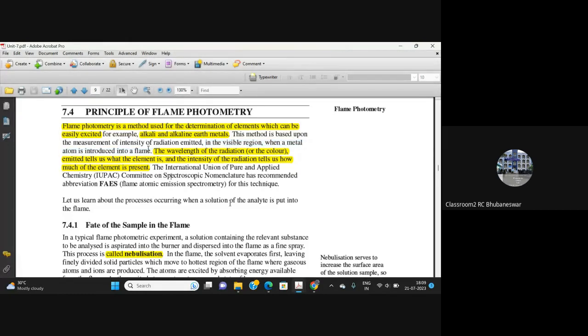So the wavelength of the radiation, or the color emitted, tells us what the element is, and the intensity of the radiation tells us how much of the element is present. From the radiation you can predict which element it is, and from the intensity you can predict how much of the element is present.